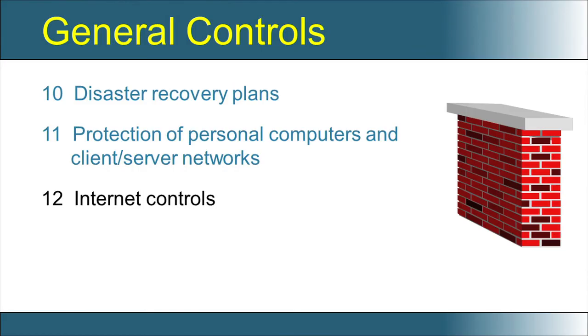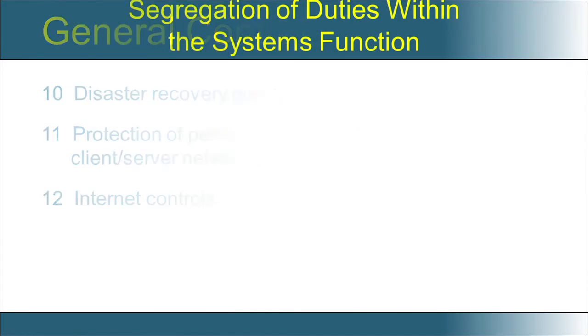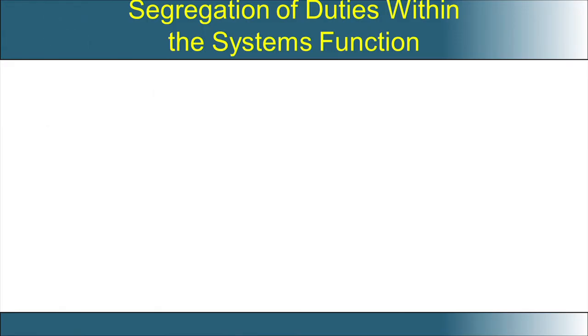This comes under the topic of network security, which we will be dealing with in module 4 of this information security course, phase 1. Now with this understanding of the general controls, let us look at one of the most important administrative controls, which is segregation of duties.